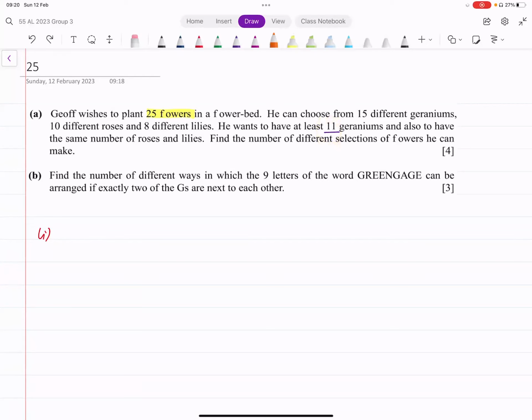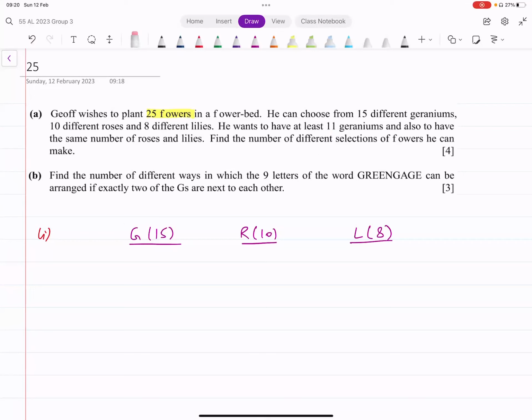Now so there are 3 categories of flowers that we have. Let's represent them here. So we've got 15 geraniums of this type. Then we have 10 roses, and we have 8 lilies. Okay, so that's the total number that we have. Now what he wants is, he wants at least 11 of geraniums.